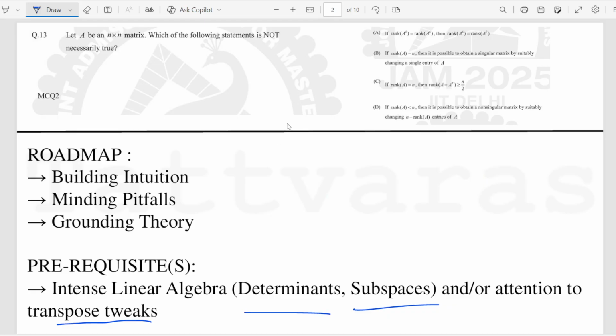One disclaimer actually, if you quickly evaluate the options, suppose here if you take the identity matrix, then this is satisfied. Even here, if you start with the identity matrix, everything is one in the diagonal, you make one position zero, the entire matrix becomes singular. So this is also true for identity matrix.